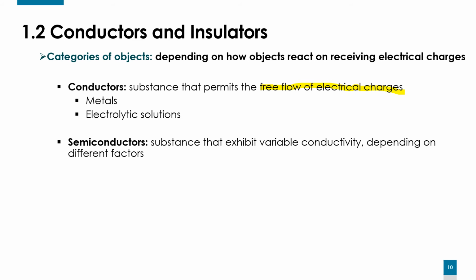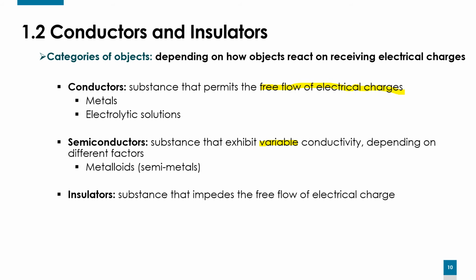What about semiconductors? Semiconductors, as the name says, have variable conductivity. They depend on different factors, okay? And insulators are substances that don't allow the free flow of electrical charge. That stops the flow. So I'm going to explore each of them now, okay?